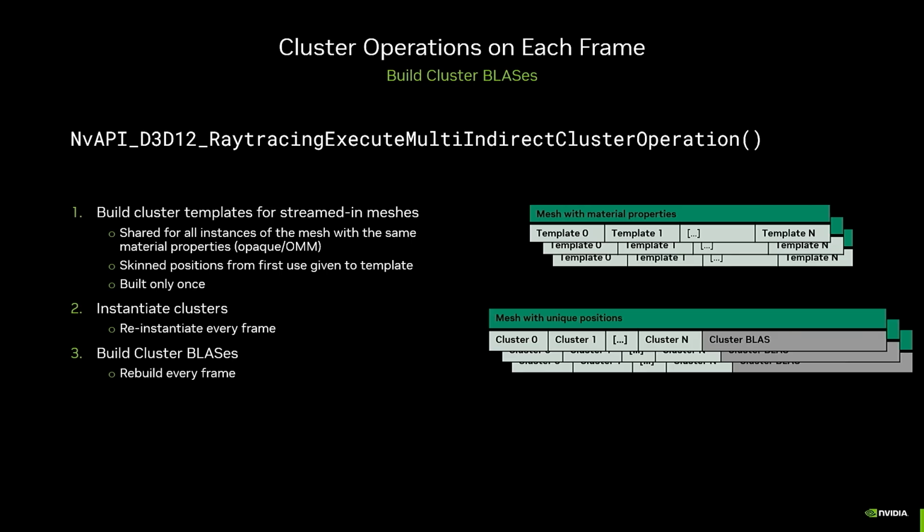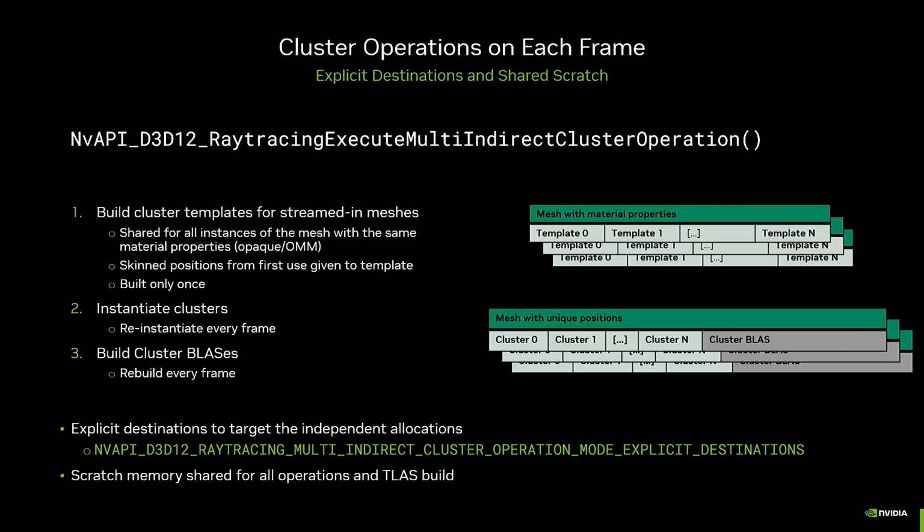This allocation replaces the allocation made for a triangle BLAS when the clusters are not used. All these operations handle all meshes in independent allocations at once. The explicit destinations mode in the API is used to manually direct the output to these independent allocations.